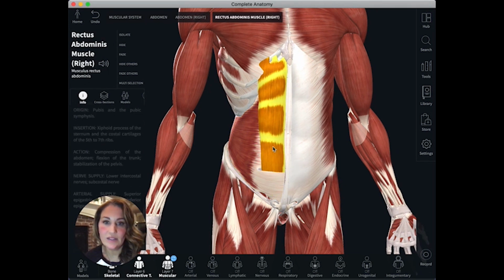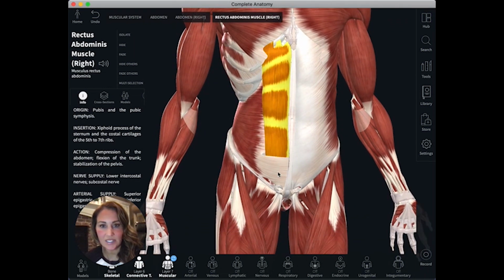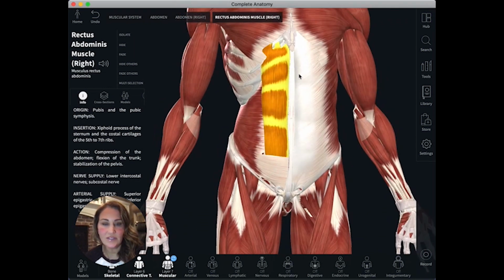So the rectus abdominis is this muscle that runs down the middle. Rectus just means straight. And you'll see that the rectus abdominis is kind of tucked away. You can see on this side, there's this white sheet over the top of it, and that is called the rectus sheath. The rectus abdominis muscle is sandwiched in two layers of the rectus sheath.